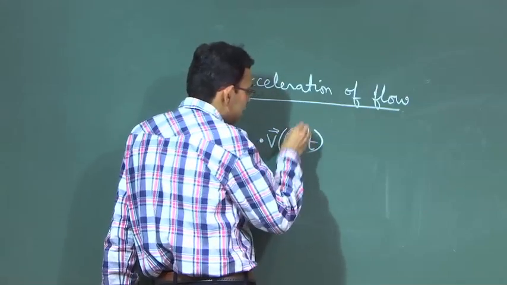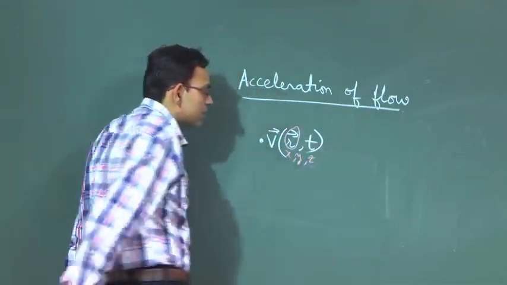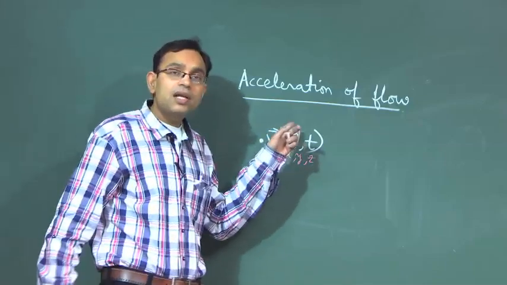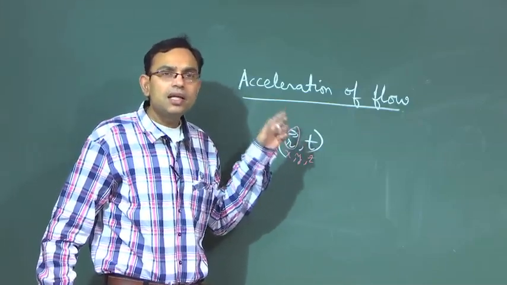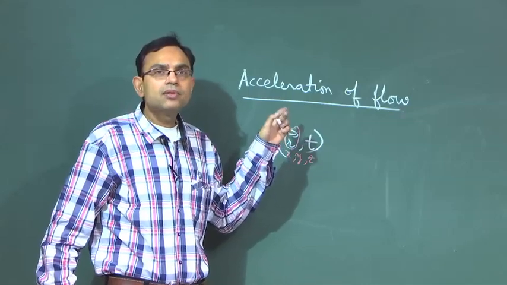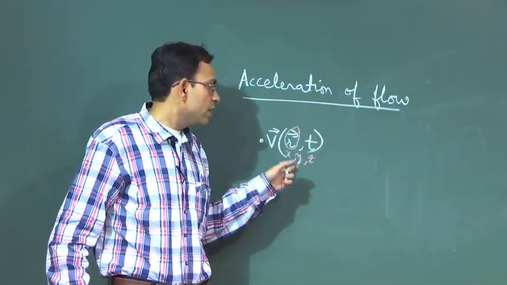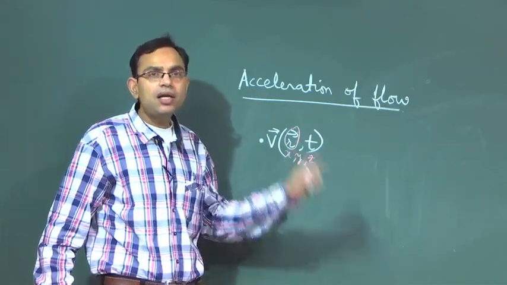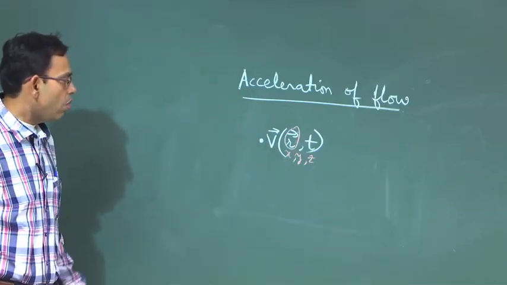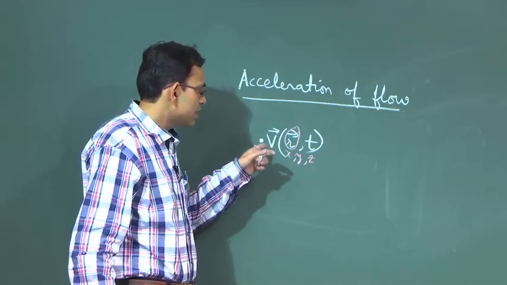Say in a Cartesian system r will include x, y, z. Remember that vector form is very generic. So r could be anything that is described in terms of the appropriate coordinate system. In a Cartesian system it is defined by x, y, z. So this is the velocity of the fluid particle.